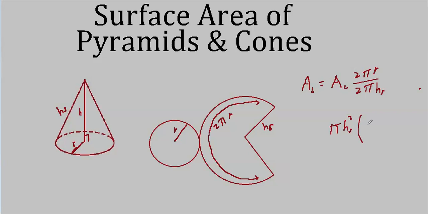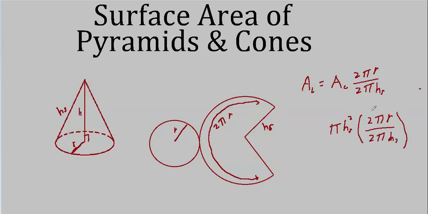And we're going to multiply that by 2 pi r over 2 pi h sub s. In other words, the arc length of this divided by the arc length of the entire circle. And that'll tell us what fraction of the whole area corresponds to the area of this sector.